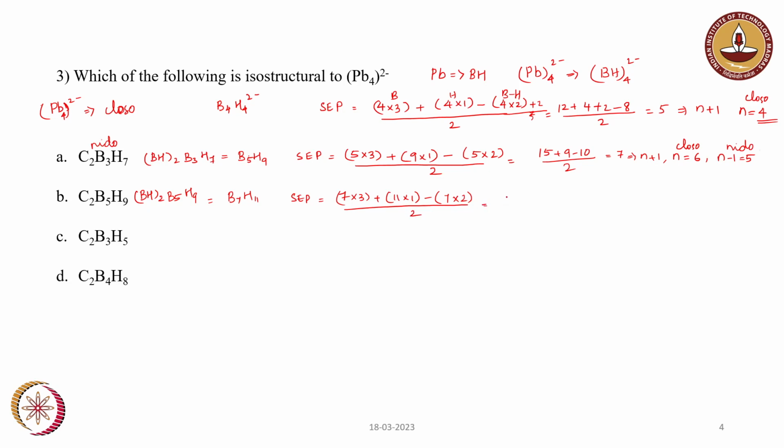That is 21 plus 11 minus 14 divided by 2. That will be equal to 9, which is n plus 1, and n equal to 8 will be closo, n minus 1 will be 7, which is nido. So we have B7, so it is nido.